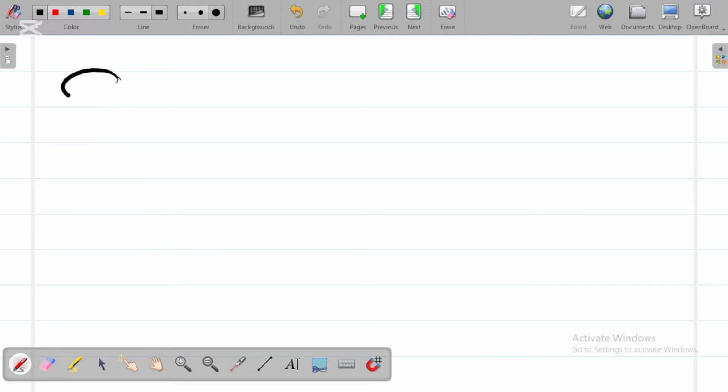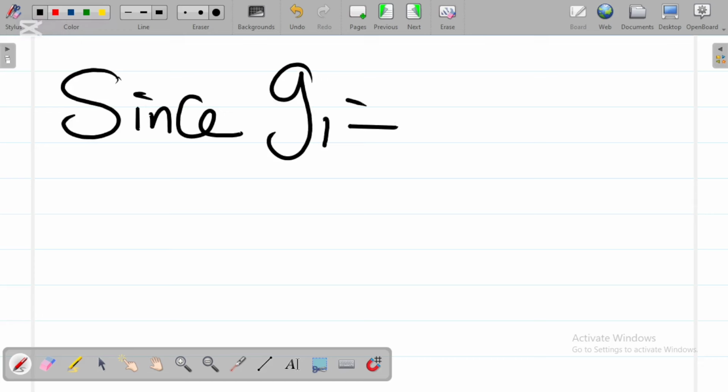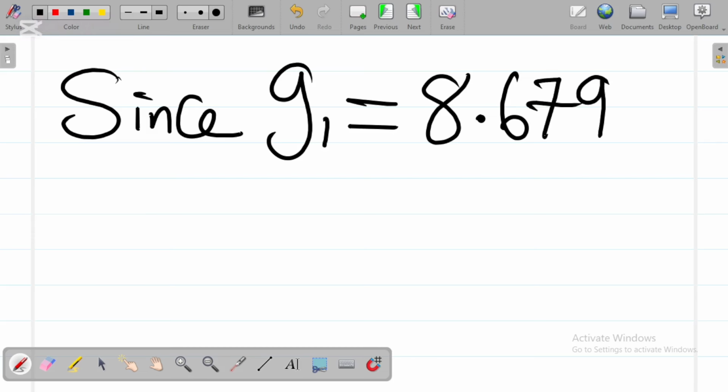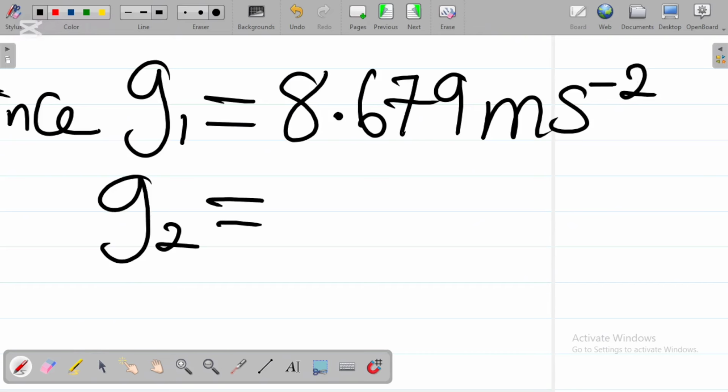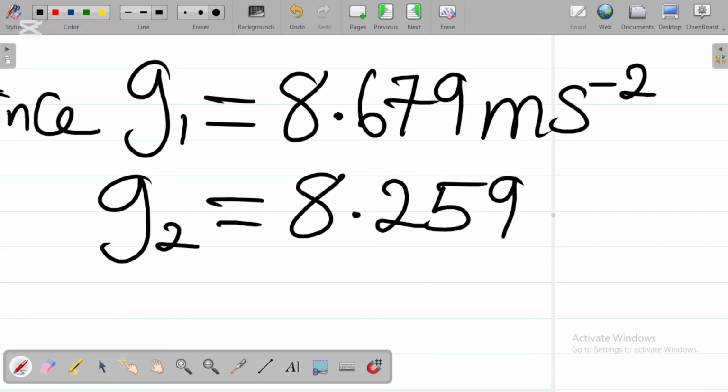So since G1 is equal to 8.679, measured in meter per second square, and then G2 is equal to 8.259, measured in meter per second square.